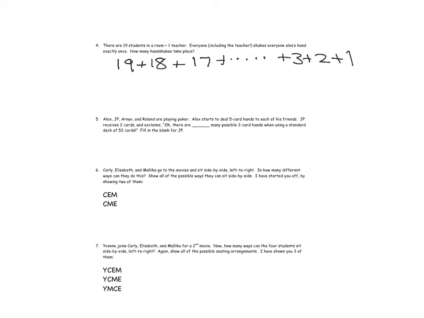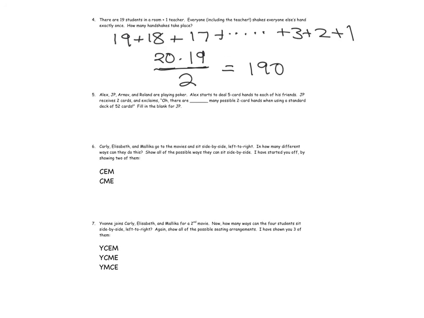How many ways can I select 2 people? There are 20 people for the first, and if one person's selected, there's 19 left, but I have to divide out the number of ways to order those things, so I divide by 2. In other words, there are 190 different handshakes.